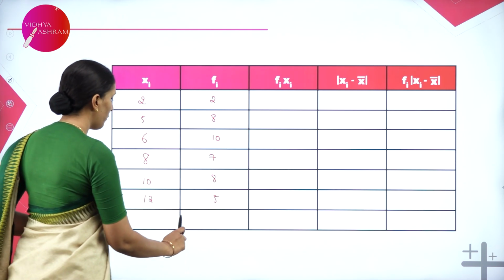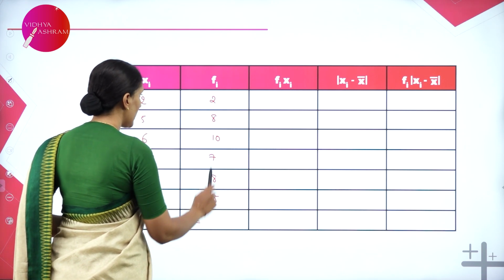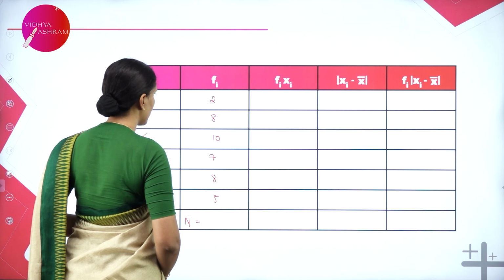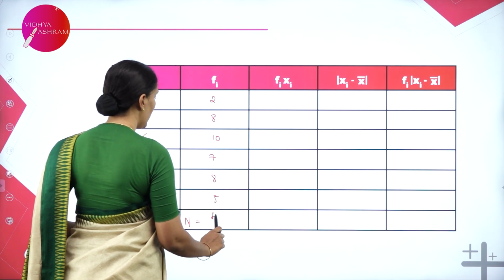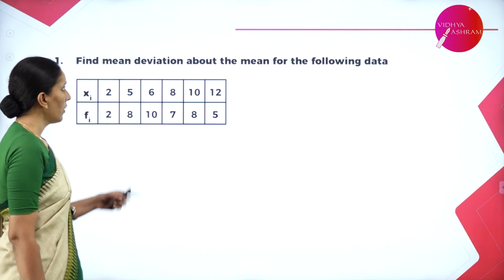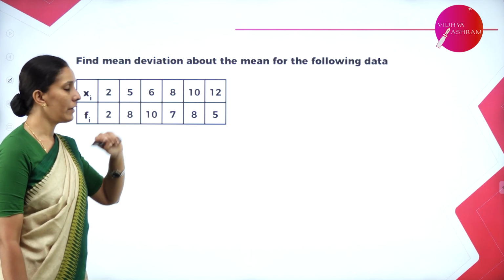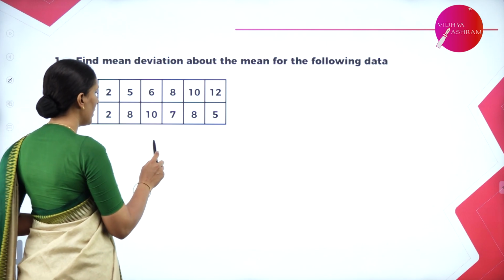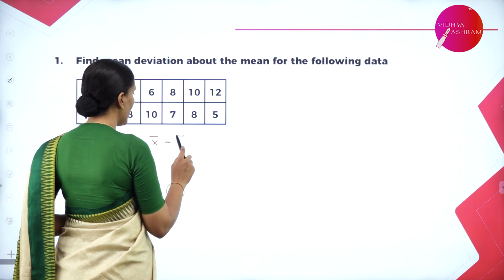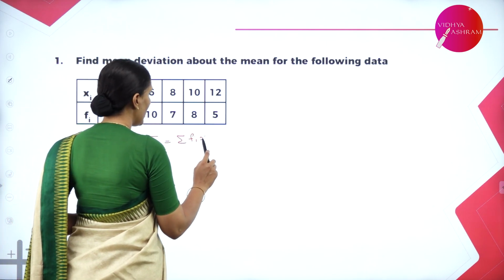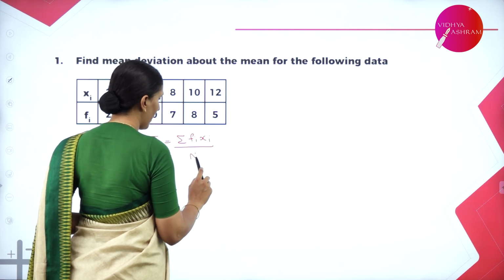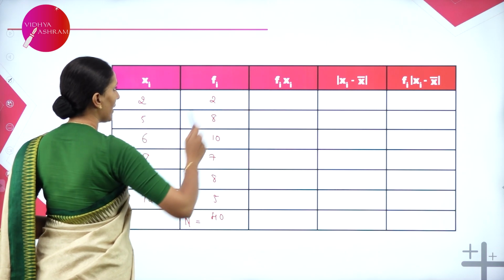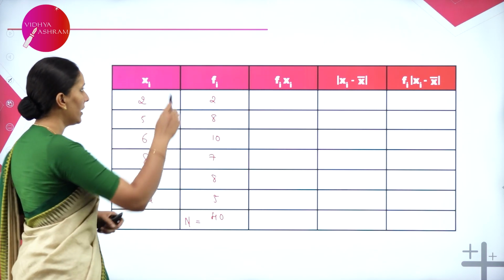Now, we need to find out n. So n is equal to summation of fi, that means you need to add all these things. When you add this, you will get 40. Now, here we are supposed to calculate the mean deviation about mean. When we are calculating the mean for a grouped data, x bar is always given by summation of fi xi divided by n. Therefore, I need a column which contains fi xi, that means I need to multiply these two columns.